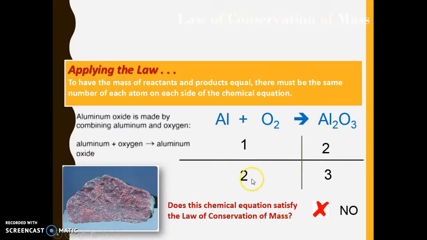Same thing here, you have 2 oxygens, so this little 2 means you have 2 oxygens. And I have 3 over here in my products. So this chemical equation as written does not satisfy the law of conservation of mass. What we need to do is put coefficients out in front. Those coefficients will allow us to observe the law of conservation of mass.